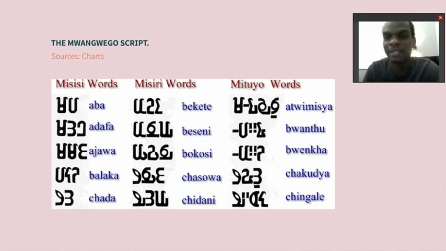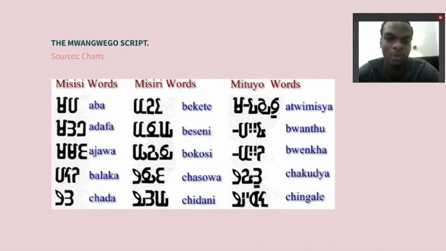And then the mituyo words, which feature the diacritics. We're going to look at those. The diacritics, or as they are called, the mituyo. That's the terminology we use with the Mwangwego writing system. So this helps in understanding how the letter forms are constructed, the spacing between them, and how they relate to each other.